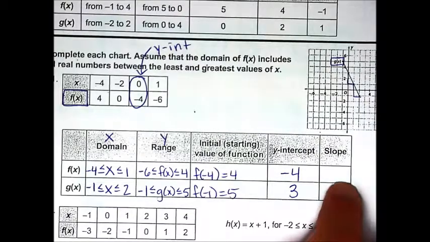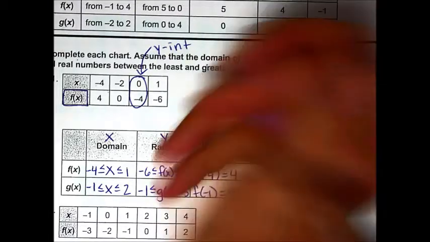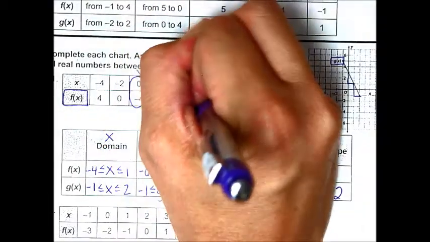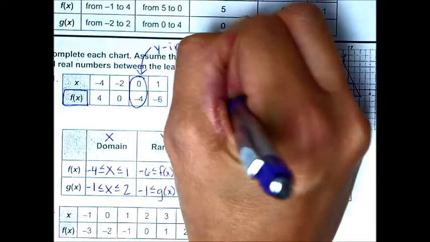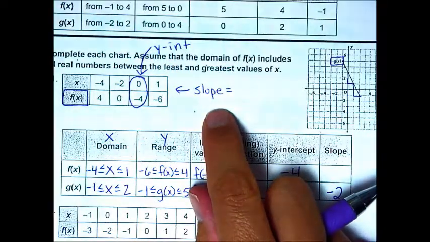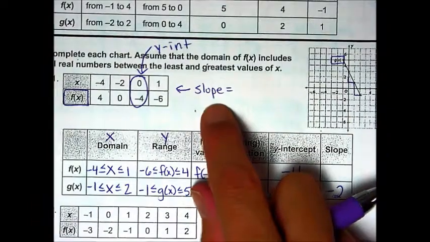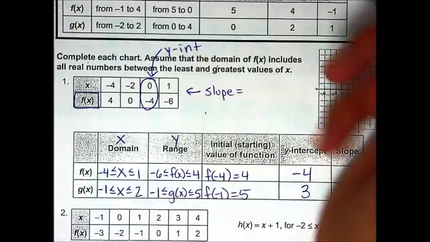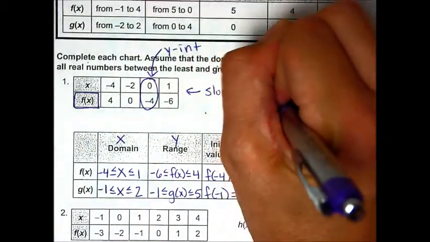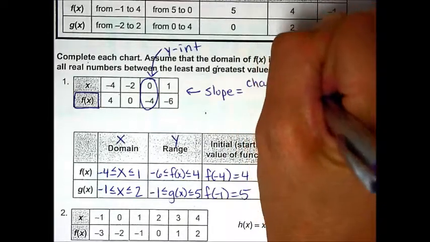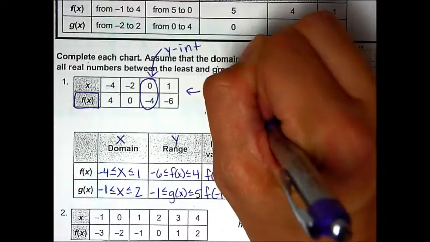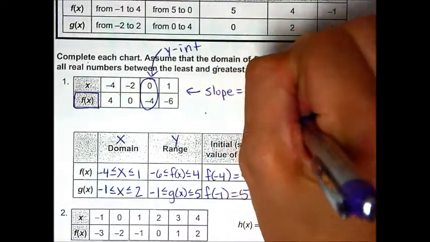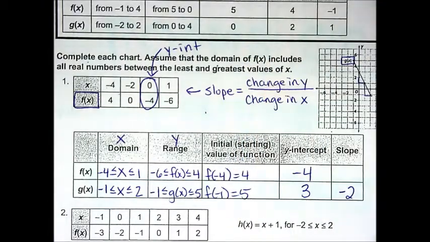Okay, then for slope, here's how you do it out of a table. I want to remind you of something that I said earlier. We are so used to saying rise over run for slope, but one other way one of your earlier packets showed it is change in y over change in x.